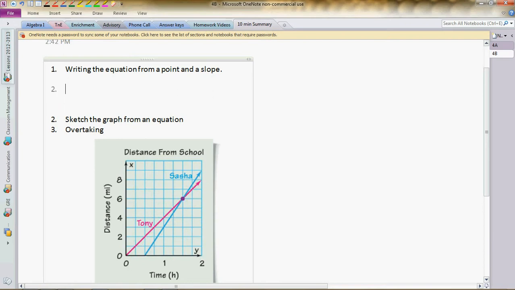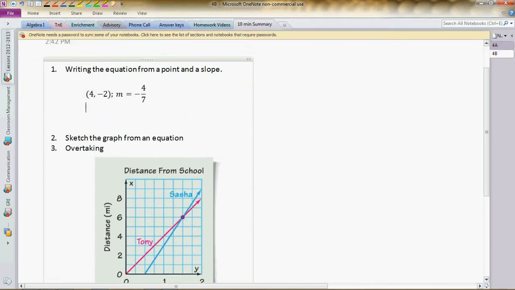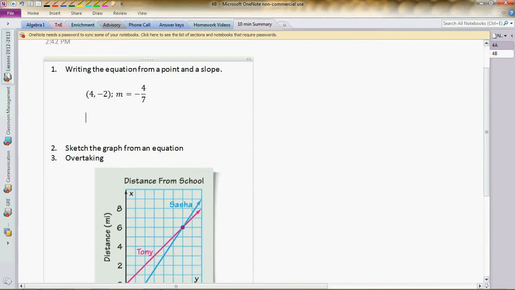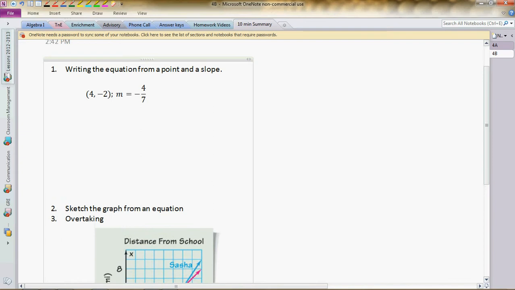So let's say we have some point like whatever, 4 and -2, and let's say slope is -4/7 or something. Then we know that slope is -4/7.